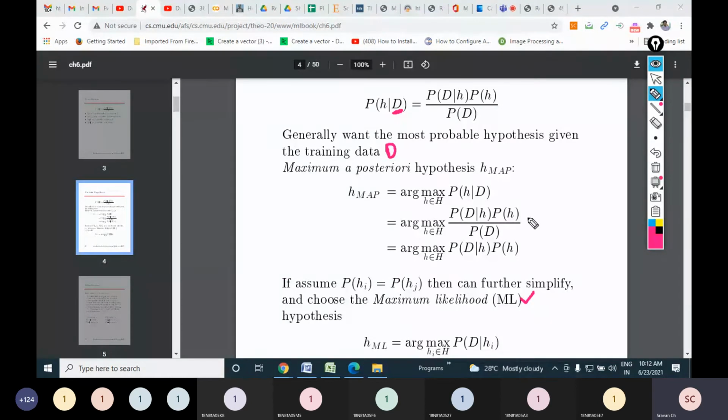So I can write it like this: P of D intersection H, this can also be written as P of D intersection H divided by P of D. P of D intersection H means, out of the overall data set, how many times the hypothesis gave me the correct, accurate answer.